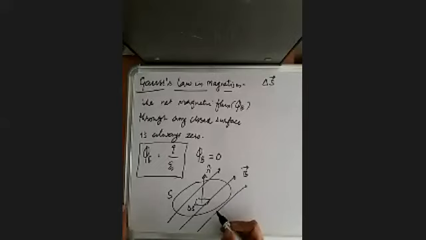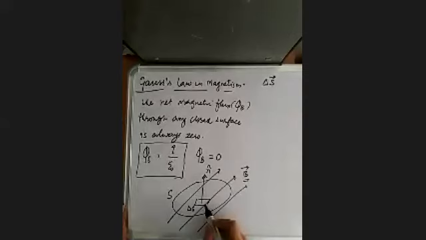Okay. Now, suppose the field in which this closed surface has been placed is also uniform. Now we want to find out the magnetic flux through this small area element.